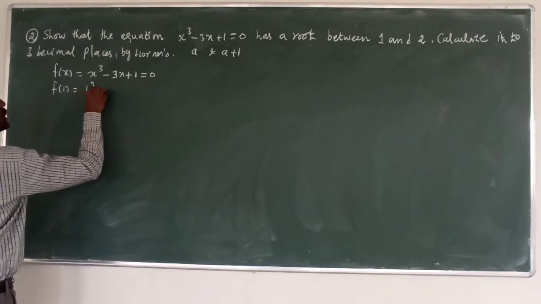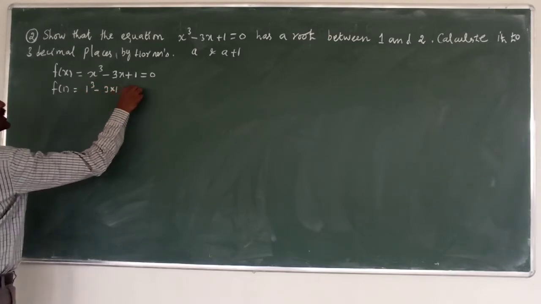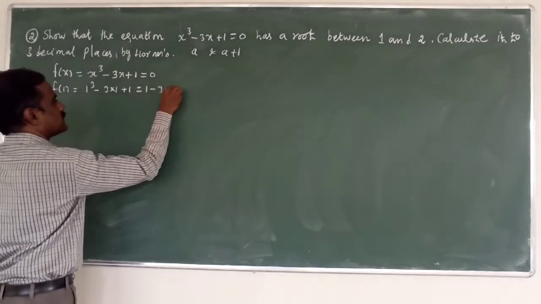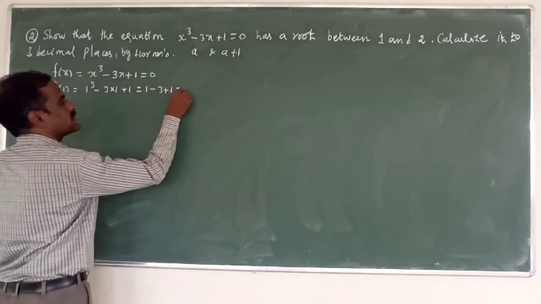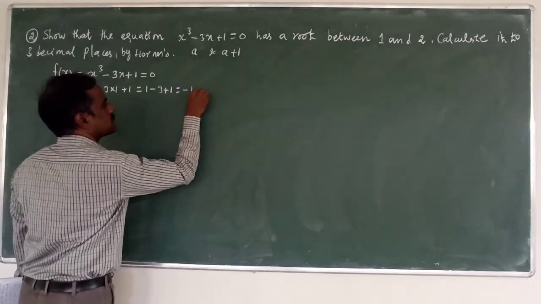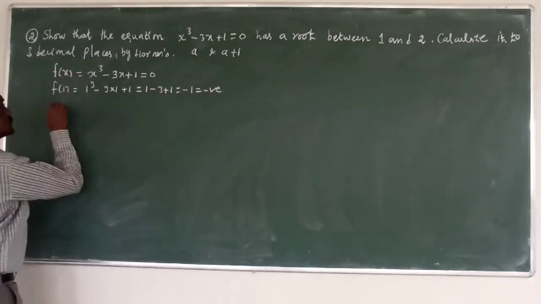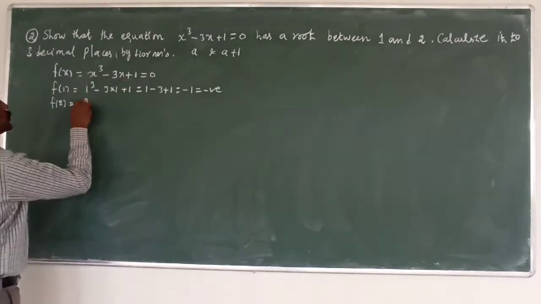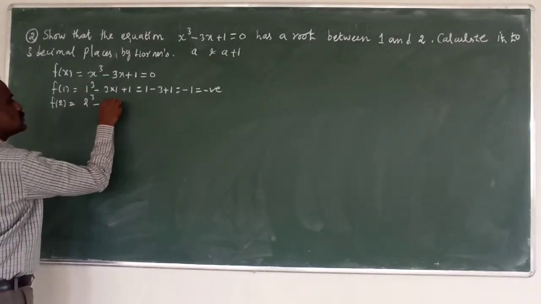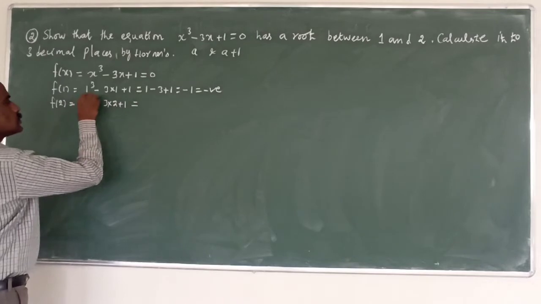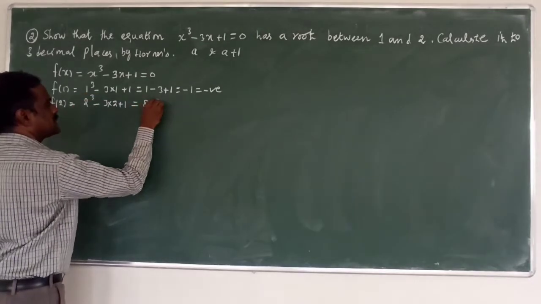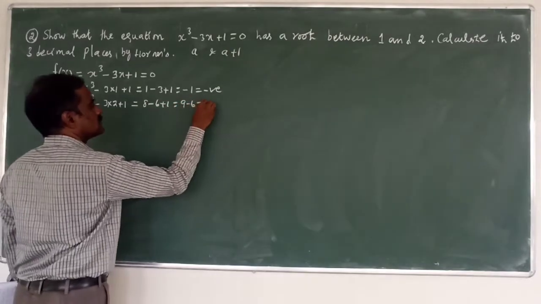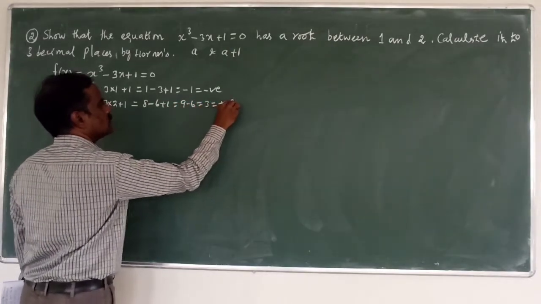Now 1 cube minus 3 into 1 plus 1 equals 1 minus 3 plus 1. Now 2 minus 3 equals minus 1. This is a negative result. Next f of 2: 2 cube minus 3 into 2 plus 1 equals 8 minus 6 plus 1, equals 9 minus 6 equals 3, a positive value.